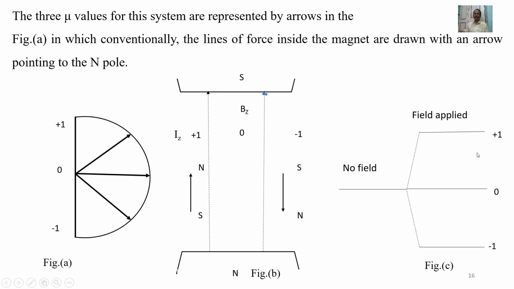So we have 0 with no field, and the moment you apply the field, this will become +1 and -1. When you keep any substance inside the magnetic field, there will be a split, and +1 is in the same direction, and -1 lies in the opposite direction. So look here, the minus sign, -1, is in the opposite direction.